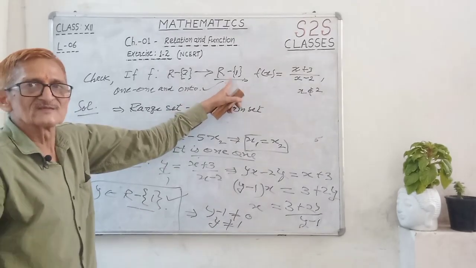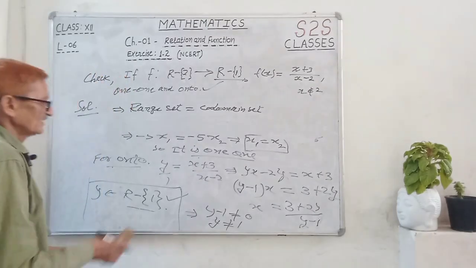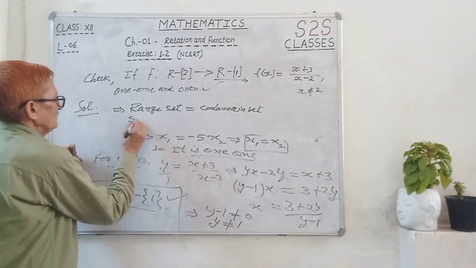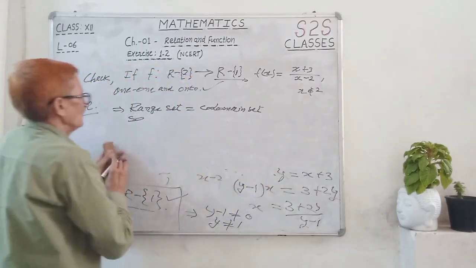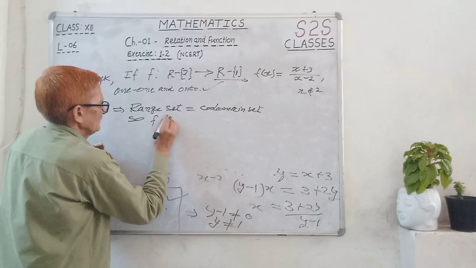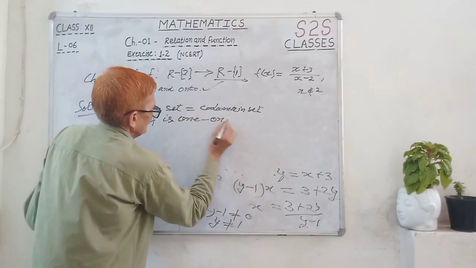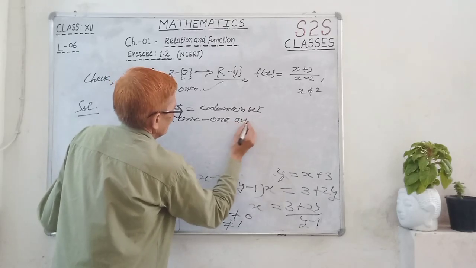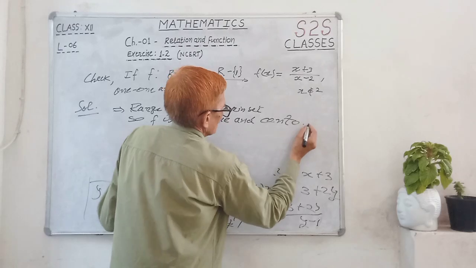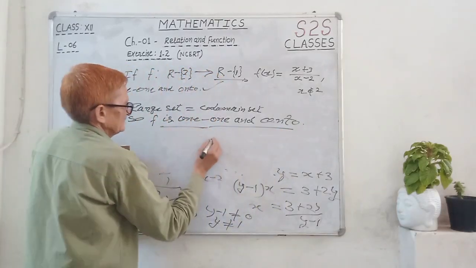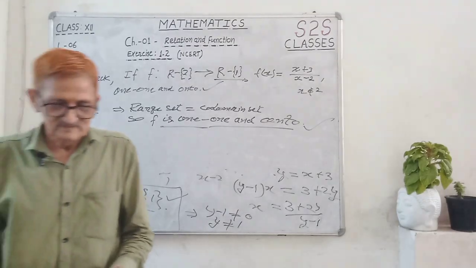Here codomain also is R minus 1 means all real numbers except 1. Okay, so this function is one-one and onto. So f is one-one and onto function, hence proved.